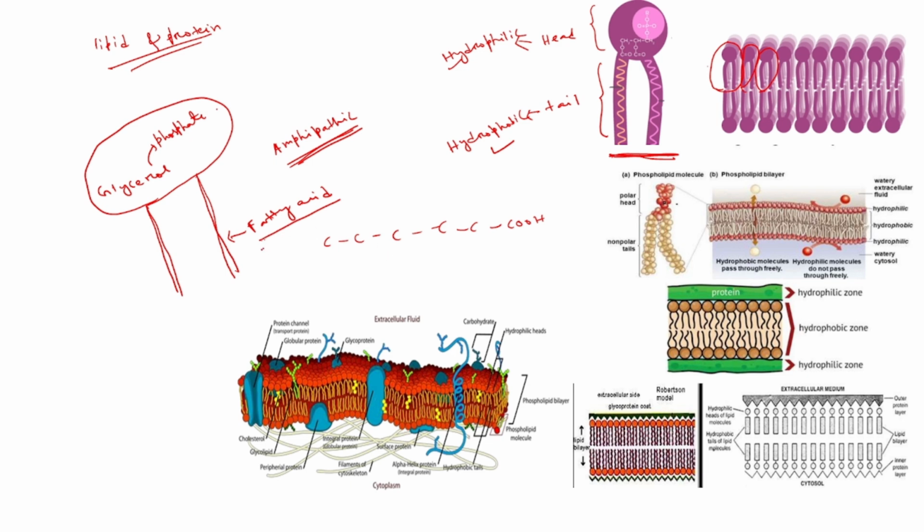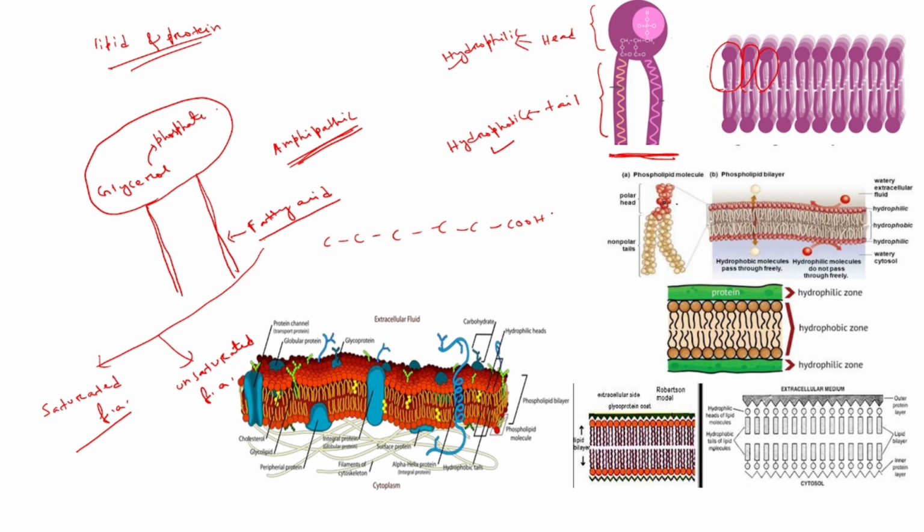The fatty acid can be of two types. One is called the saturated fatty acid, and the other is the unsaturated fatty acid. So what is a saturated fatty acid? That means in the fatty acid, if all the bonds are single bonds, then it is called a saturated fatty acid.